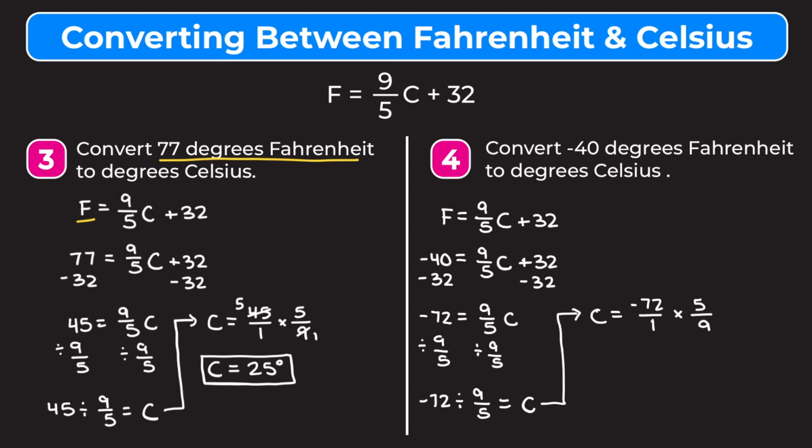So multiply by 5/9, and we can cross reduce. We can divide negative 72 and 9 by 9. Negative 72 divided by 9 is negative 8. 9 divided by 9 is 1. And negative 8 over 1 times 5 over 1 gives us negative 40 degrees Celsius as our answer. So we get that negative 40 degrees Fahrenheit is equal to negative 40 degrees Celsius.